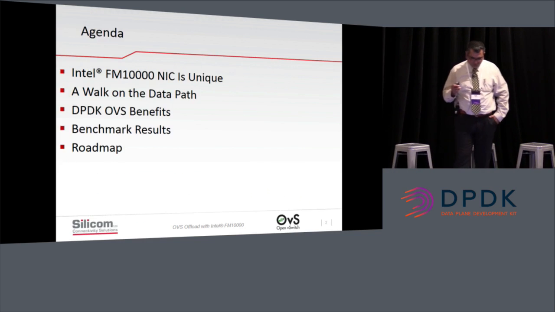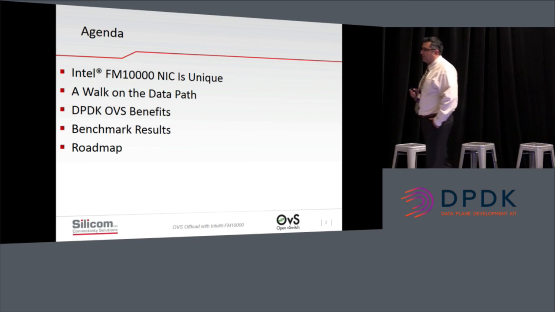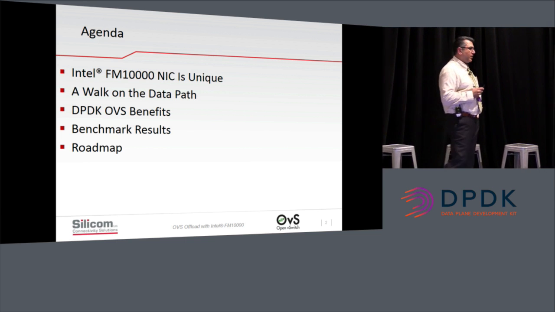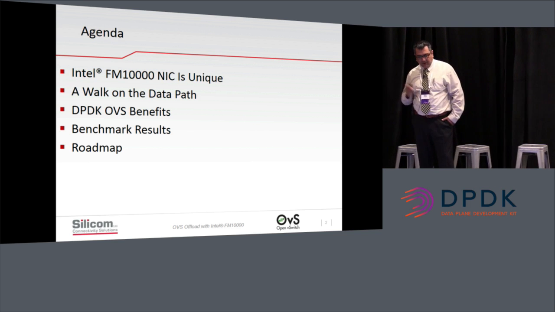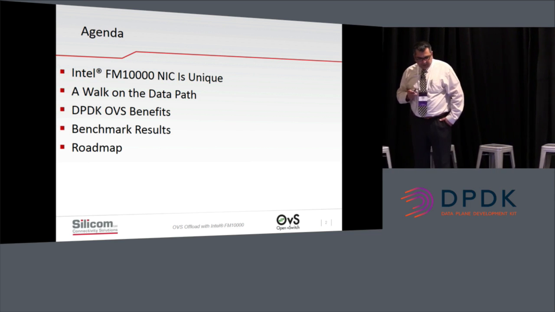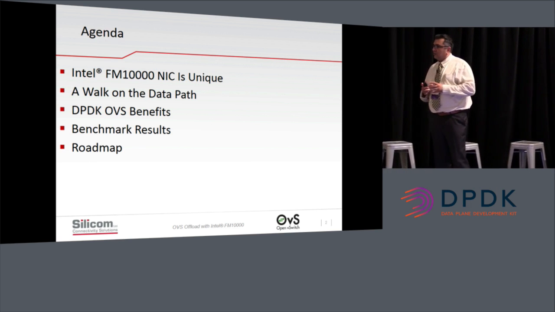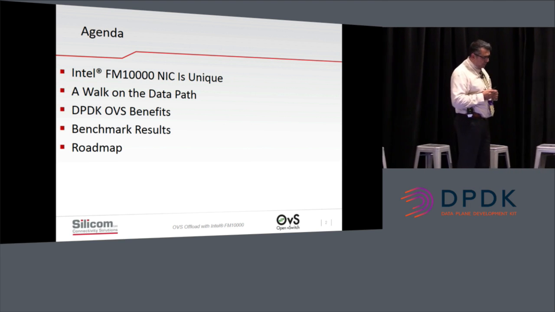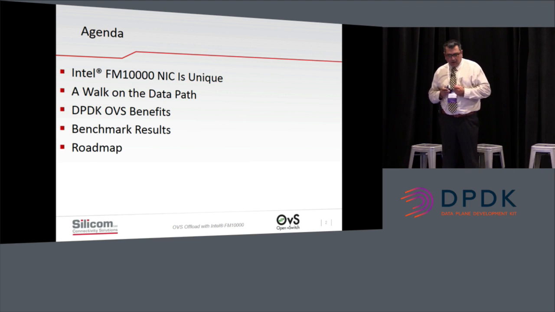So, in the first part, I will speak about the OVS offload data path that we are trying to devise with the Intel FM10K chipset. The Intel FM10K chipset, I will speak about it later on, is a kind of combined switch and NIC on one die, and it fits well with Silicom's portfolio of products.